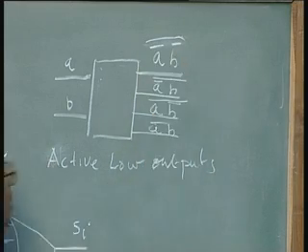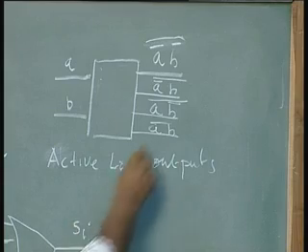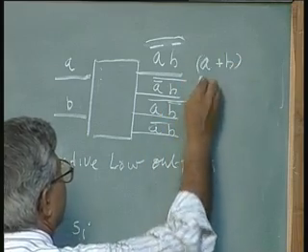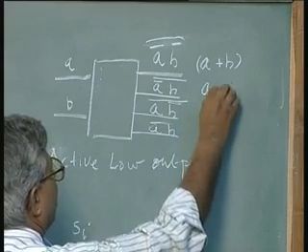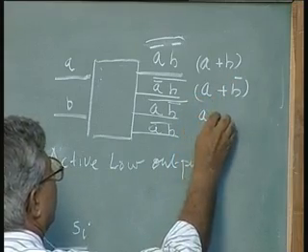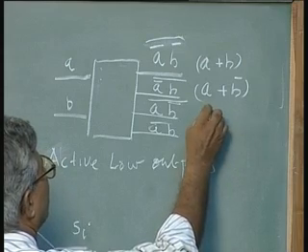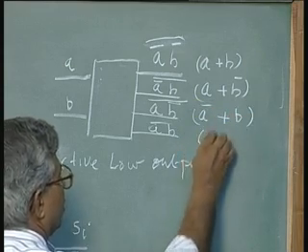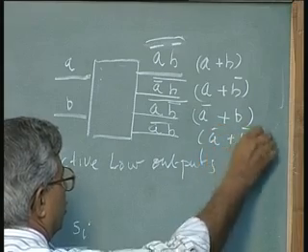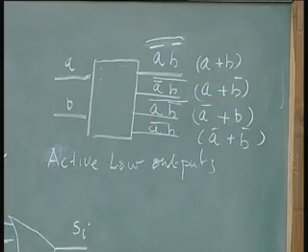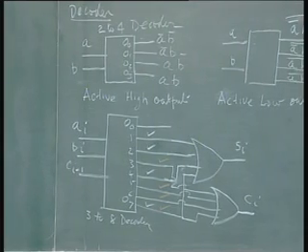By applying De Morgan's theorem, these become A or B, A or B bar, A bar or B, and A bar or B bar. So what we get is not the active high form but this. That has to be factored into our design of the full adder.